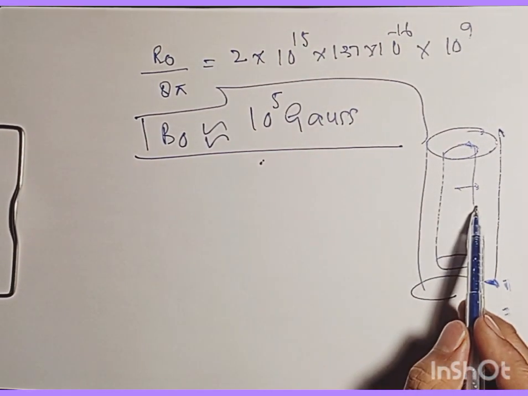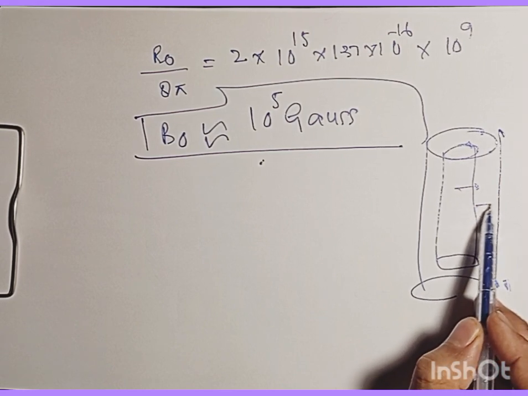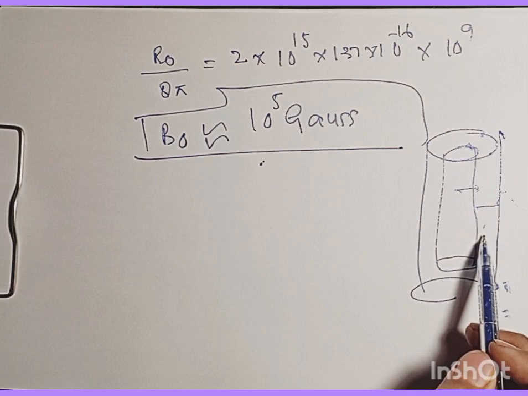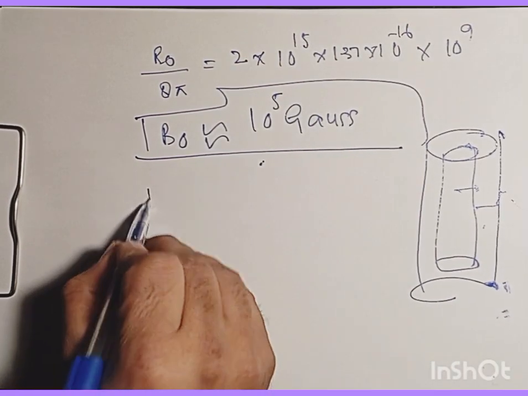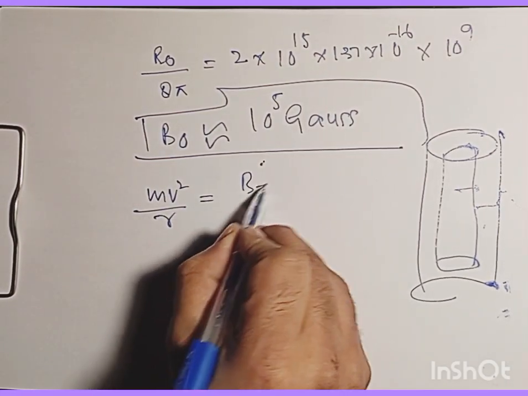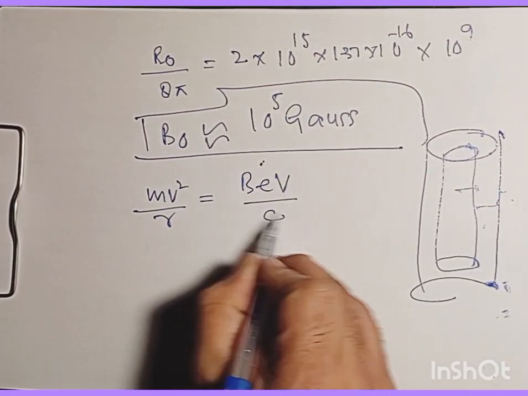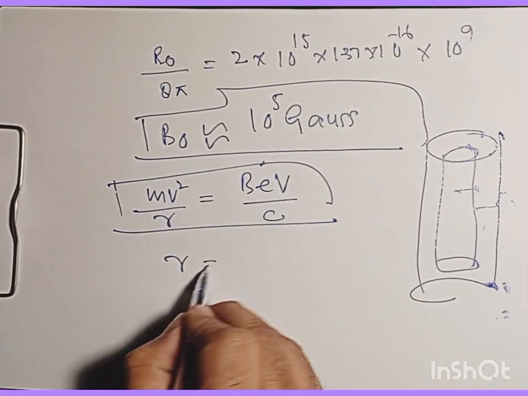Otherwise, the particles will be lost due to collision with the wall. They'll be gone. So for that, we can think of mv squared by r, which should be equal to BeV by C. So R can be calculated from here.